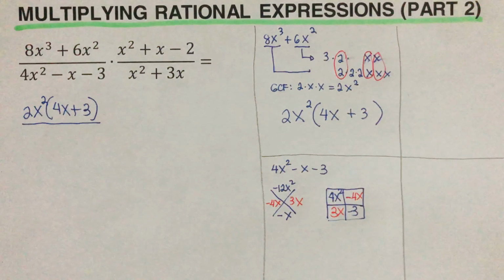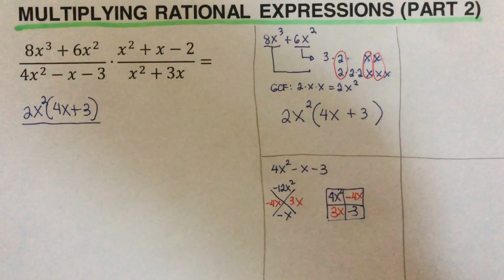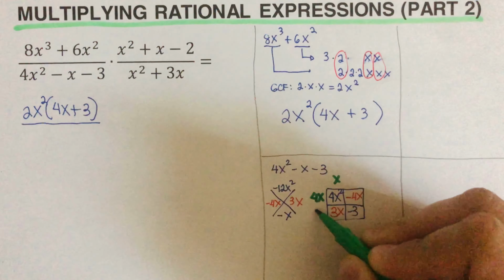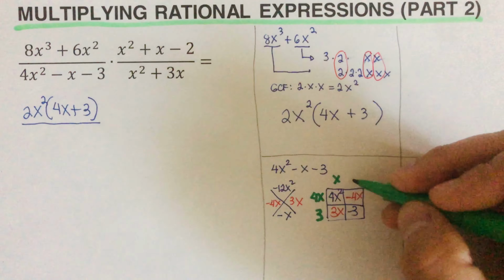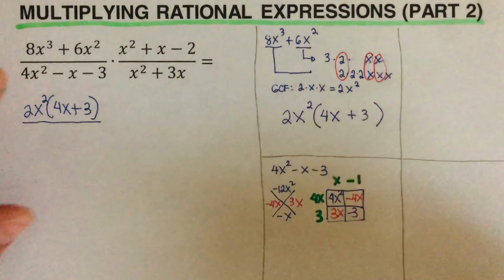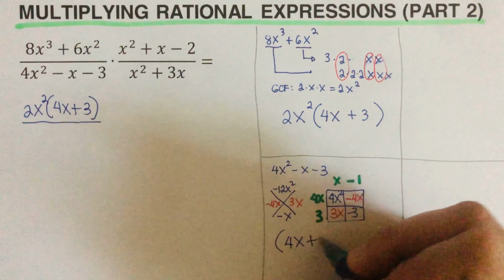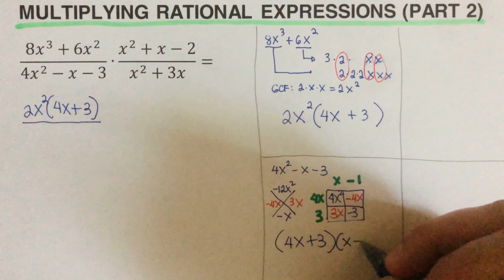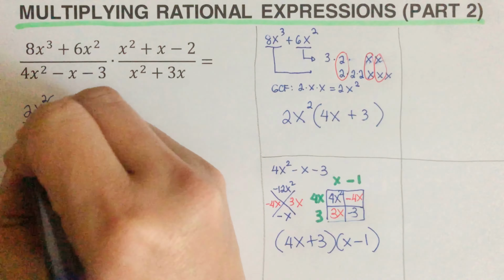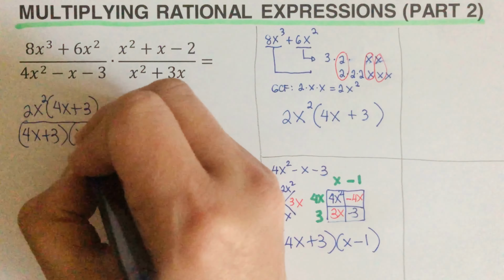So then the factors here would be 4x, and then this is x, so this is going to be 3 right here, and then this one right here is negative 1. So the factors for the denominator would be 4x plus 3 and then x minus 1. So I can change this to 4x plus 3 and then x minus 1.